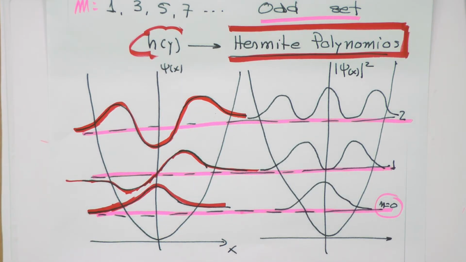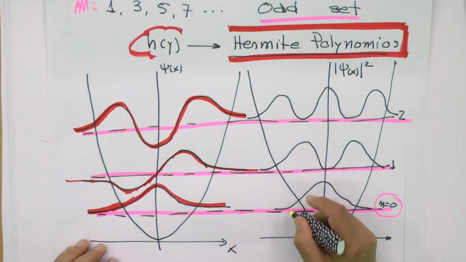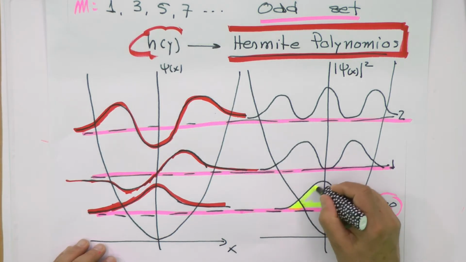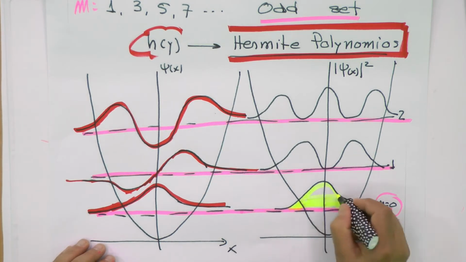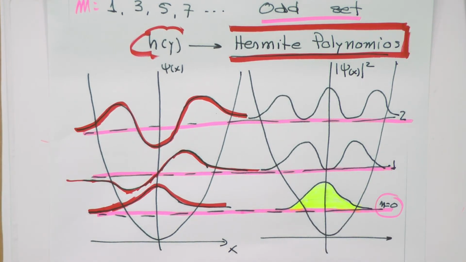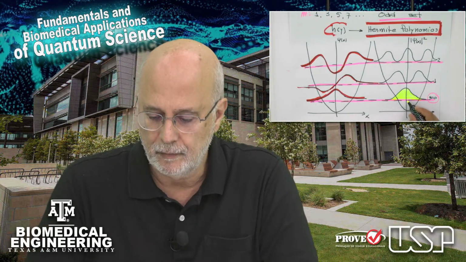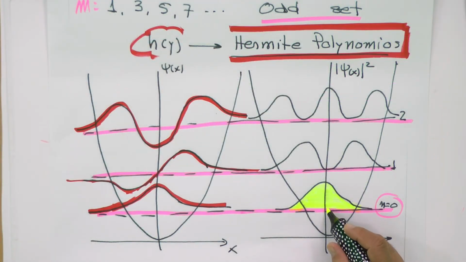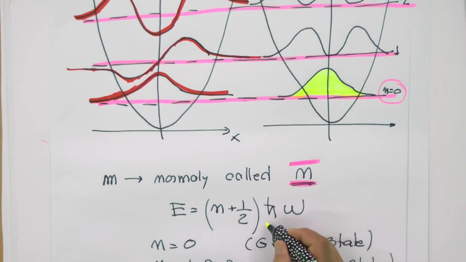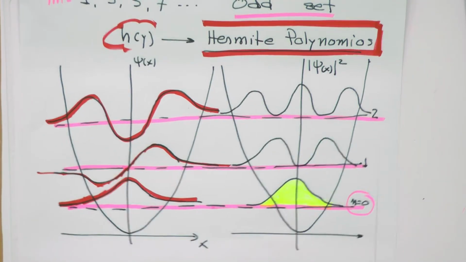If I take the square, what I get is the probability distribution of finding the particle. I'm going to highlight here the first state. That's the probability distribution for the particle in the harmonic oscillator in the ground state, with energy half of h bar omega.